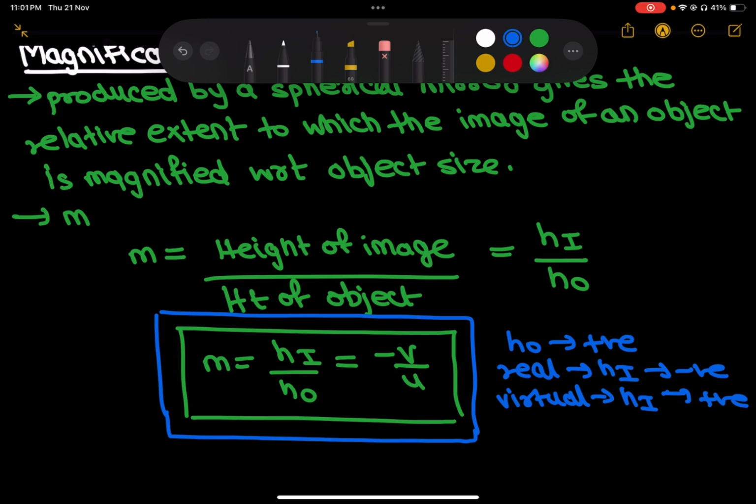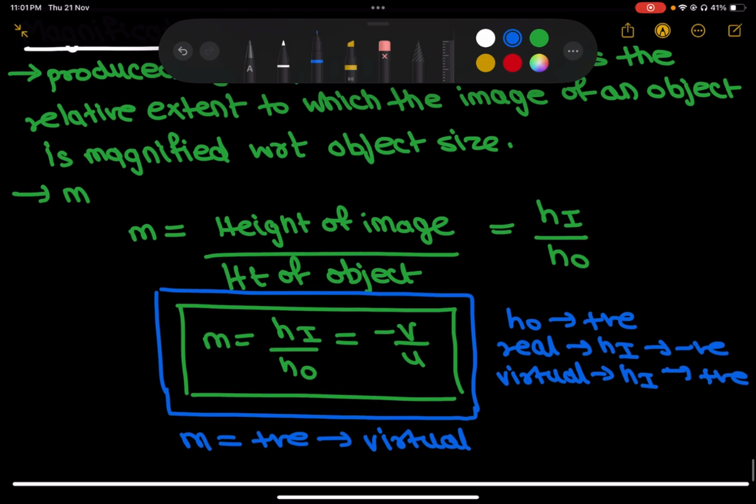And just remember that if m has a positive sign, that denotes that the image is virtual. And if m has a negative sign, that denotes the image is real.